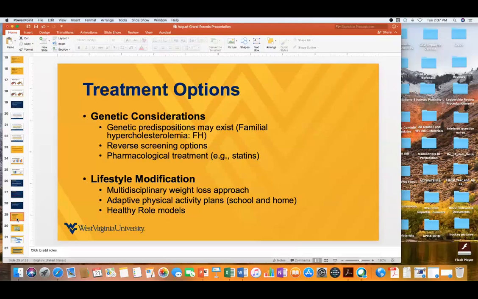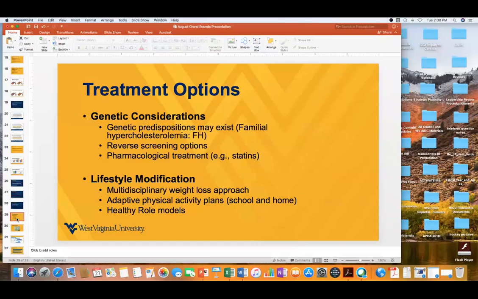So you can directly map it back to our heritage in many ways, these genetic predispositions. But that doesn't override lifestyle modification. And so multidisciplinary weight loss approaches, and of course doing it in the right way so that you don't develop or support an eating disorder, particularly in older kids.